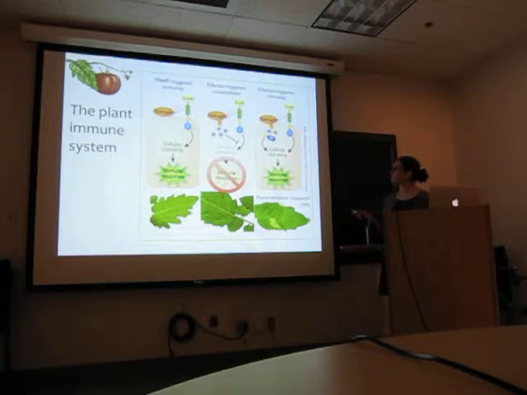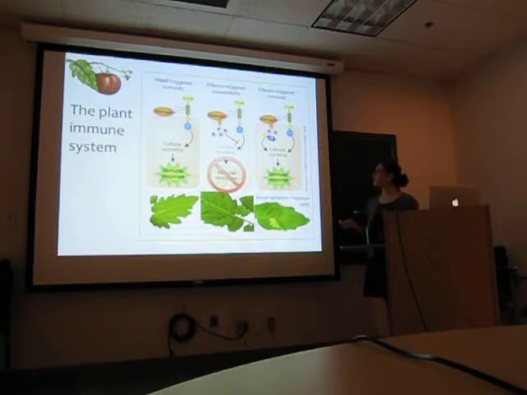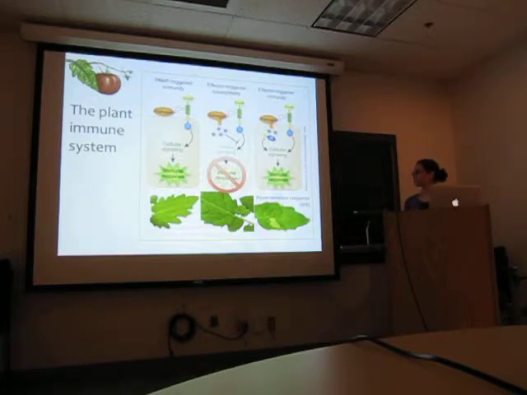And so this R protein, when it recognizes the effector, initiates a robust immune response and restricts the growth of the pathogen. And we can actually see this hypersensitive response. This is a rapid programmed cell death that happens and is associated with effector-triggered immunity.